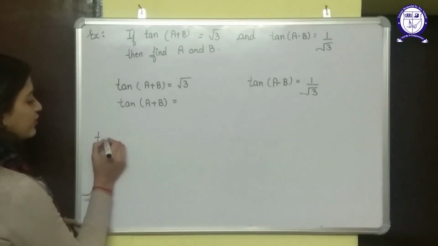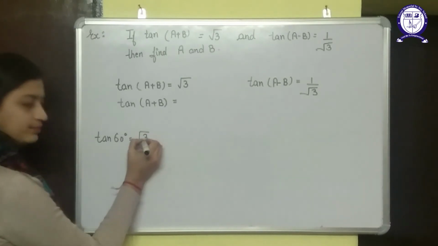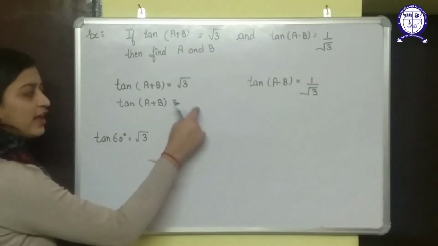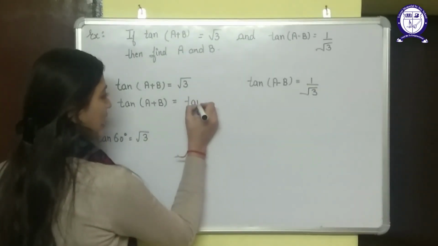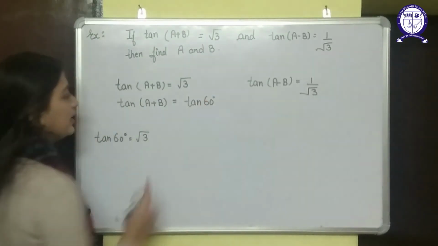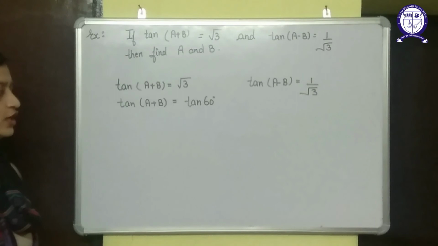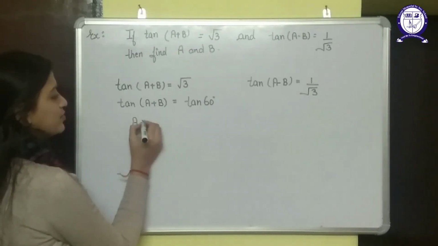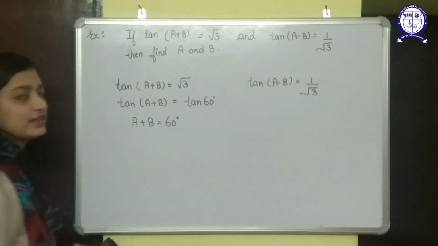The value of tan 60 degree is also root 3. And if I want to remove this tan, I should have a tan on the other side also. So I can write it as tan 60 degrees because tan 60 is also my root 3. So by comparing this equation, I can say that this A plus B is equals to 60 degrees.